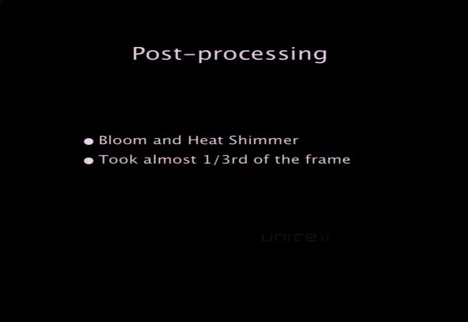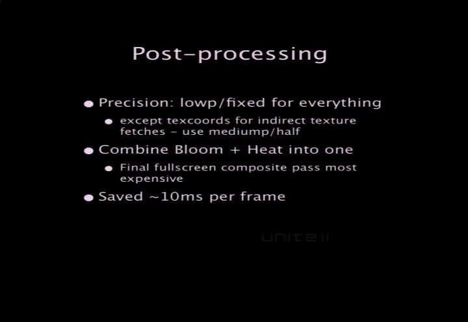And of course, we found quite easily that the bloom and heat shimmer, the post-processing, were taking a quarter of the frame. So the optimization there was to rewrite everything in low precision, because those shaders originally came from desktop shaders, and there was no precision.